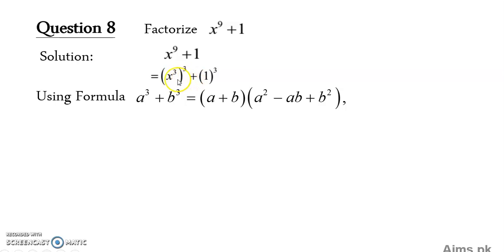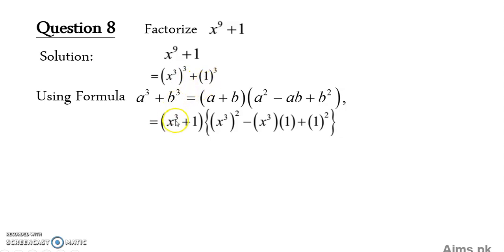We'll be applying this formula, because a is x cube and b is 1. See, a plus b, a square minus ab plus b square.